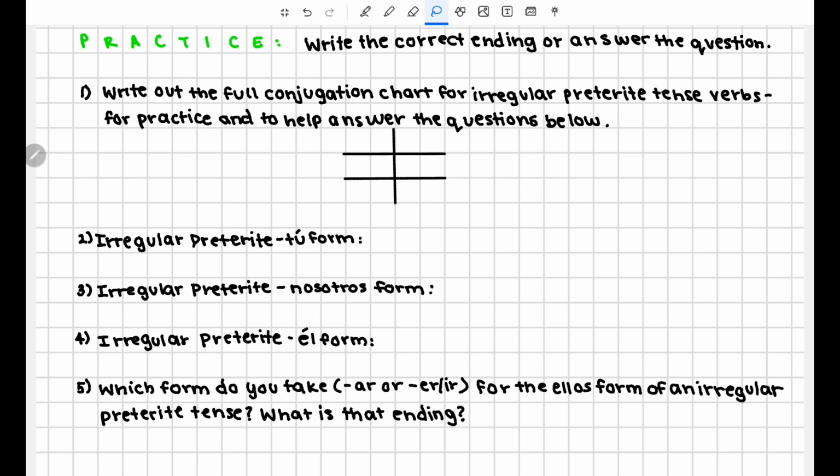So in your practice, you're just writing the correct ending or answering the question which has to do with the correct ending, because we want to make sure that you don't confuse yourself by combining those two charts. You have to really know which ones to use for which chart, because many of the irregular preterite tense verbs, not all of them, but many of them, stick to the same pattern. So this is very important. And if they don't stick to the same pattern, there are only slight variations, or only a couple follow a completely different pattern.